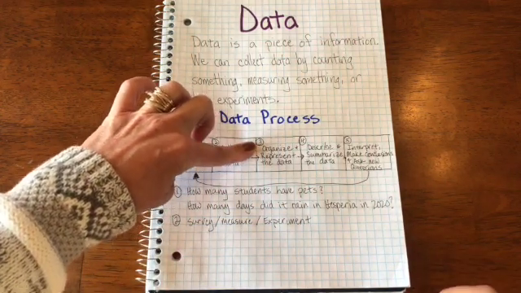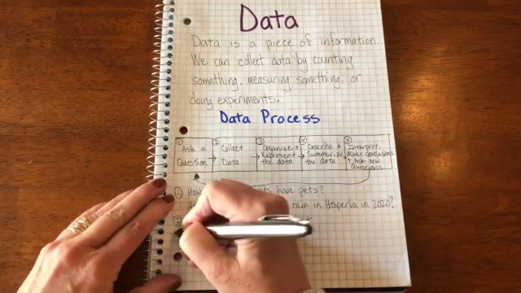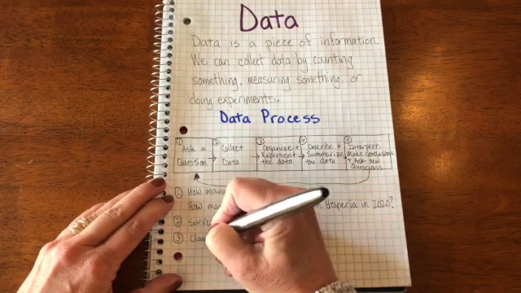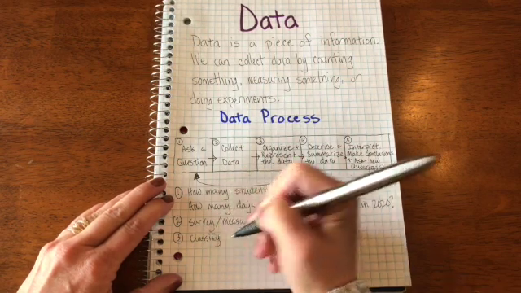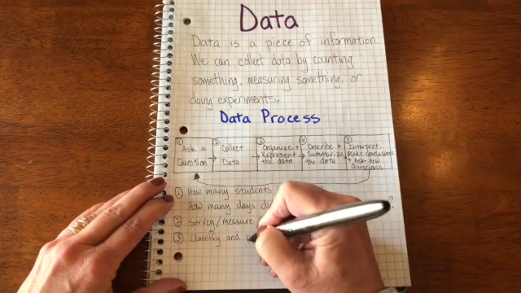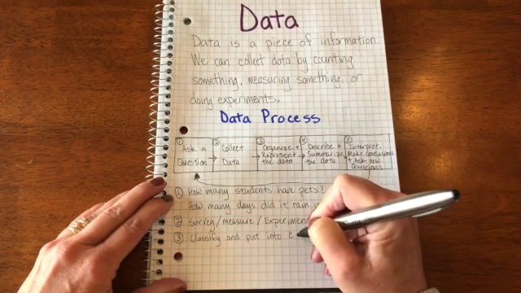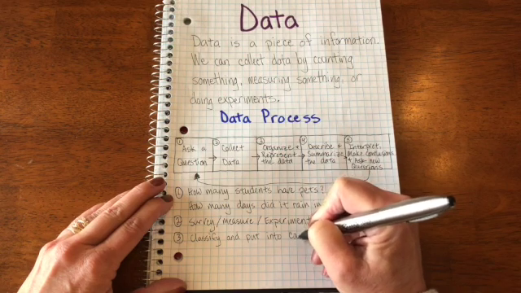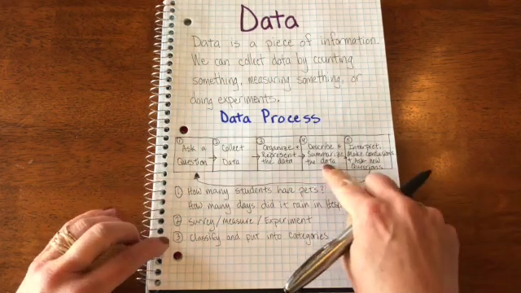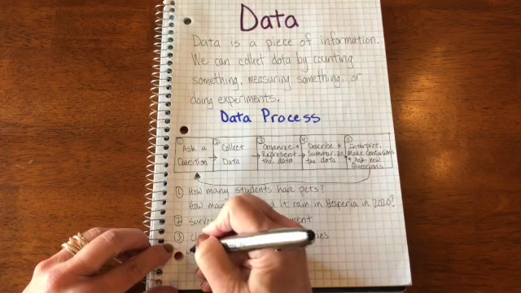Number 3 is to classify or put into categories. Then number 4 is where you're going to put your data into a graph.